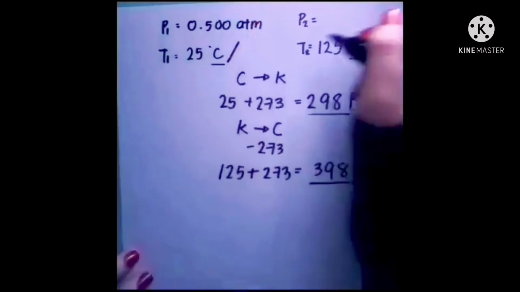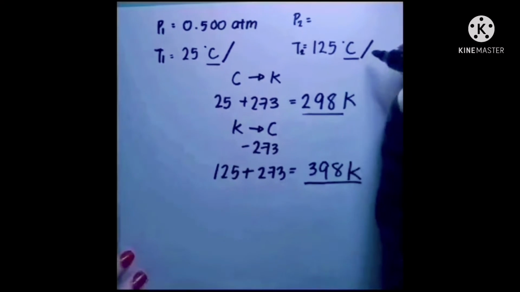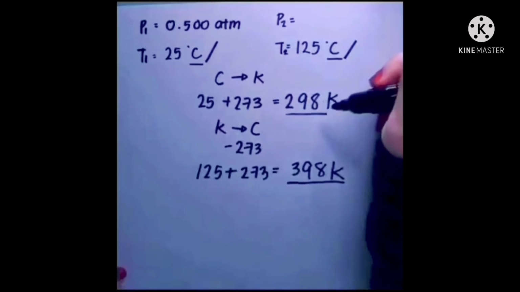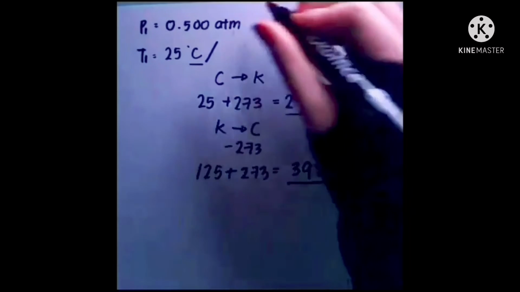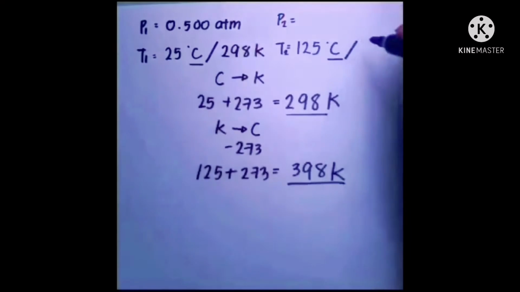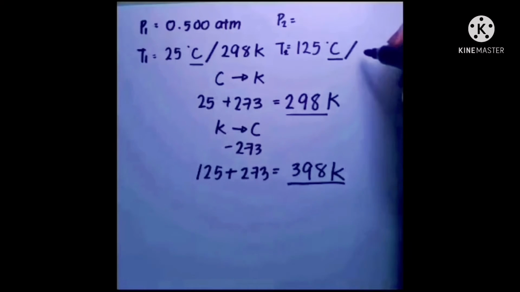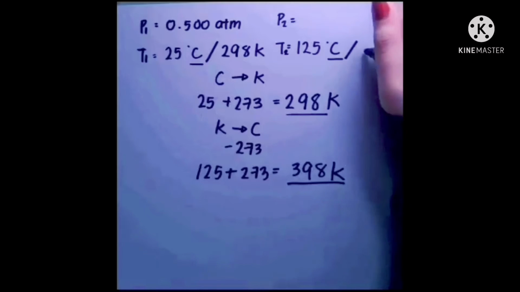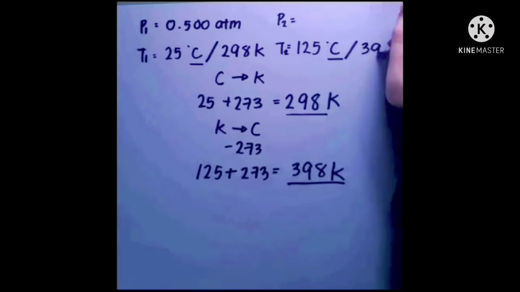So, ito, papalitan na natin to. Ito na yung bago natin T1, yung 298. So, dito natin ilalagay. Tapos, yung 398 naman, ay yung bago natin T2. So, dito natin ilalagay sa gilid nila.